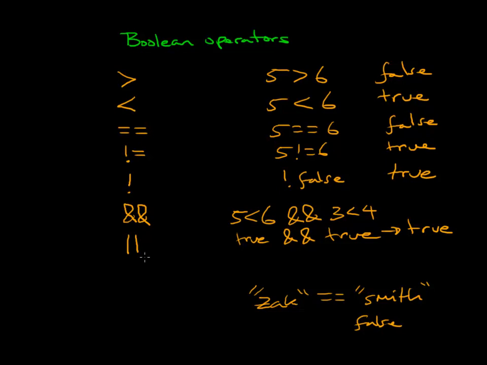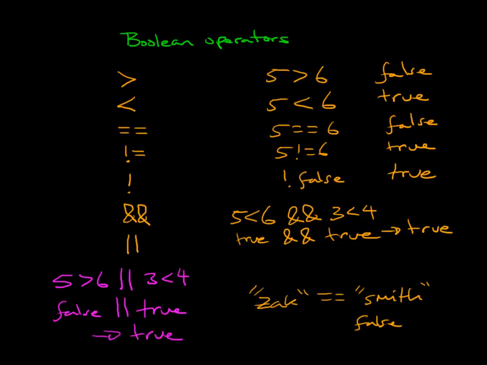I've also got this or one here, and so for or I can say is 5 greater than 6 or 3 less than 4. Well, the first one, 5 is greater than 6, that evaluates to a false. Or, and 3 is less than 4, that evaluates to a true. And with or I only need one of them to be true, so that would evaluate to be true.